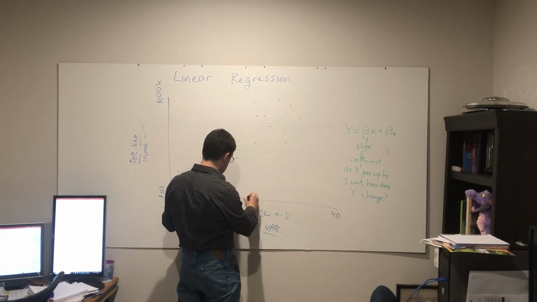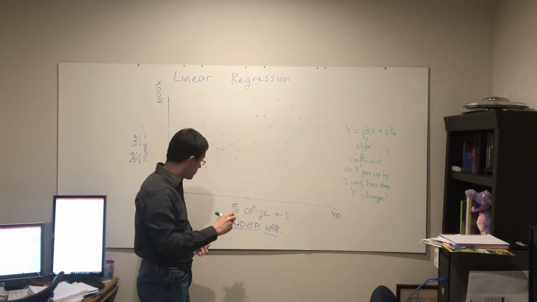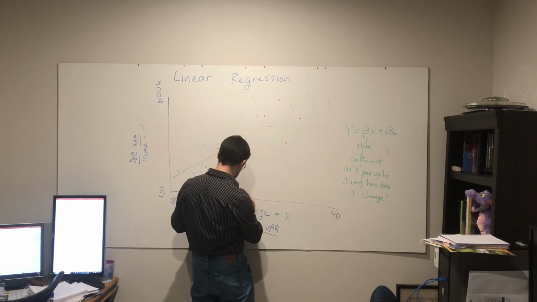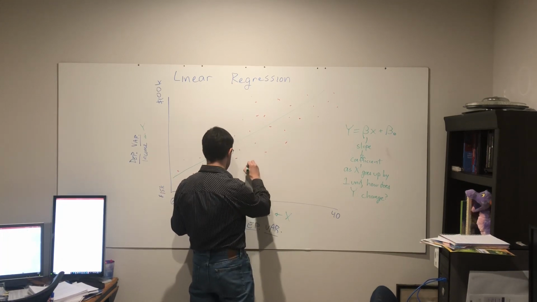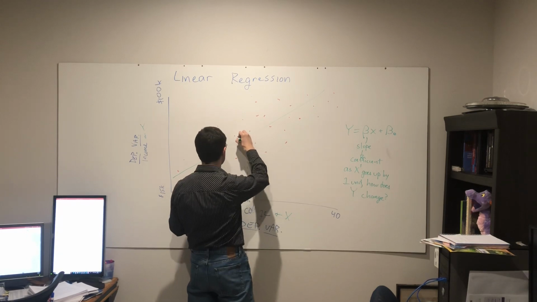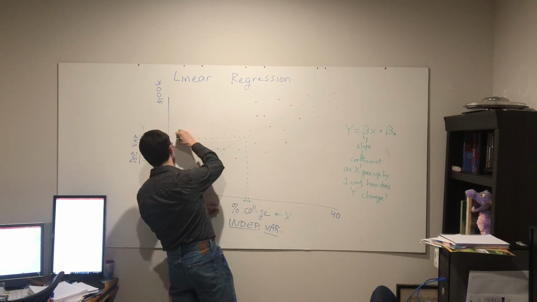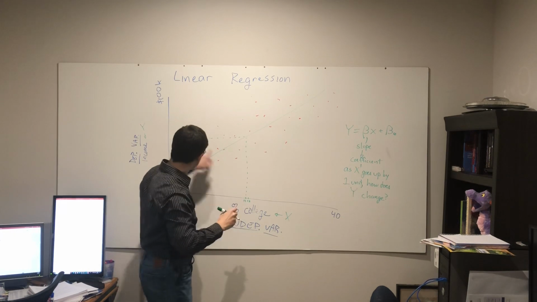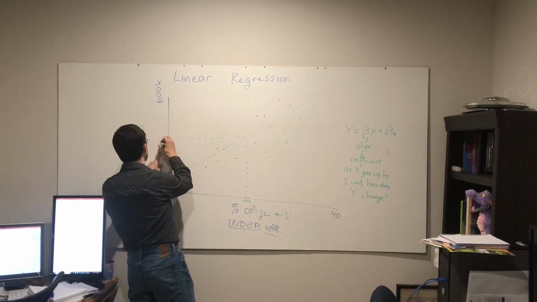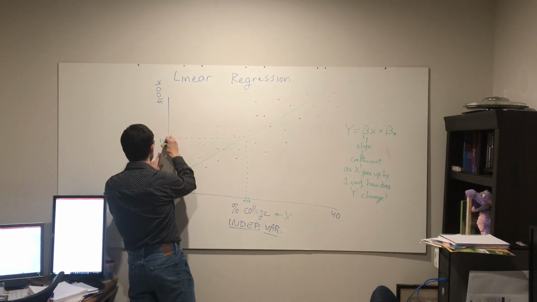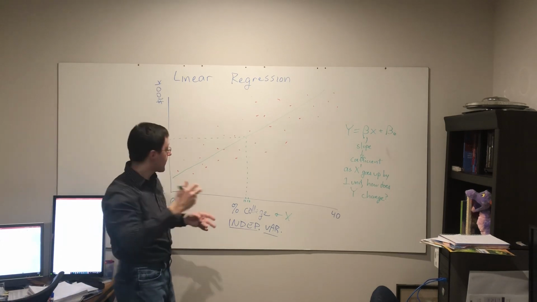So 19% is associated with, that might be around 52,000.